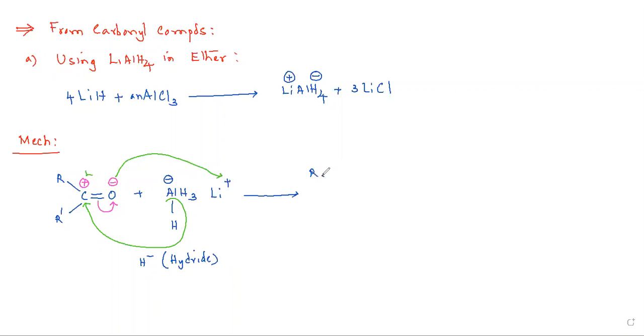Now R, C, then R dash. So this O minus with the AlH3 and then Li plus. And see, you got hydrogen. Now this hydrogen is from lithium aluminum hydride.